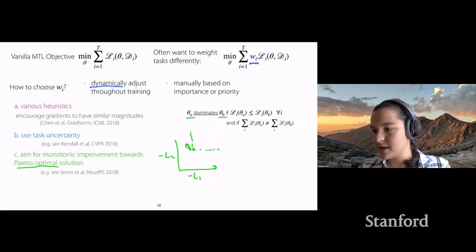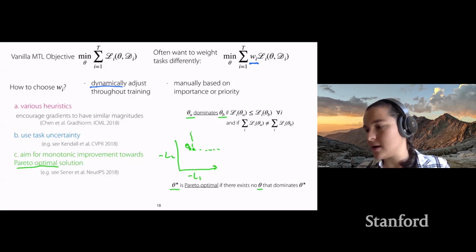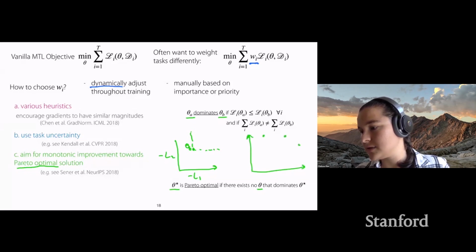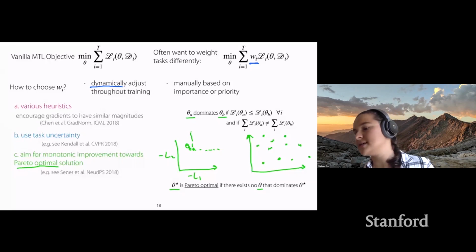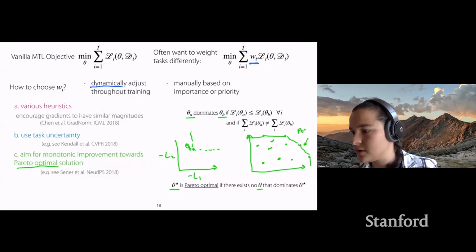And the reason I'm saying this is that you can define a theta star as being Pareto optimal if there exists no other theta that dominates theta star. So if you have a number of parameter vectors in different positions in your plot, maybe these are all the parameter vectors that you are able to find, then the ones that are Pareto optimal are the ones on this curve, and this curve is what's called the Pareto front.